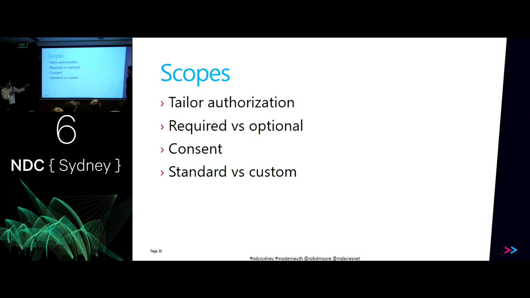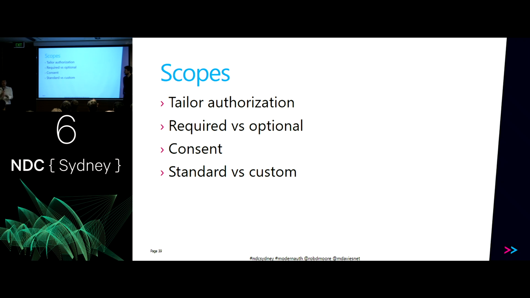Now, there are two types of scopes: required and optional. So the application can say, hey, for me to be able to function, my core functionality is that I can read your tweets. If you don't grant me that, just don't bother. But direct messages, that's kind of a sidebar, nice-to-have functionality. If you don't give me that, I will just adapt and hide that bit of the app.